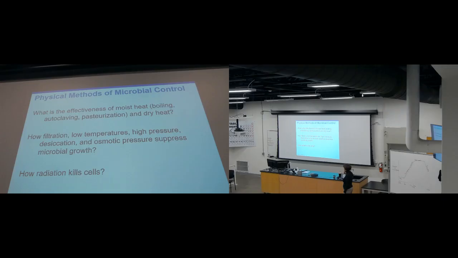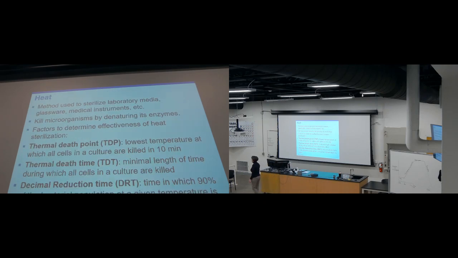Now, let's see specific physical methods of control, like moist heat, dry heat, and filtration, low temperature, desiccation, and radiation, and pressure. So heat.